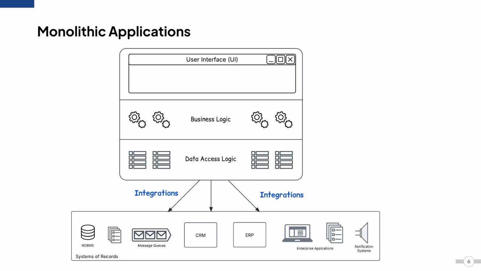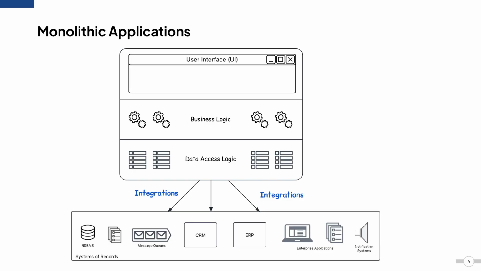But internal implementation may really have some segregation in terms of how they have organized the code. But nevertheless, monolithic application means all of these are bundled together when it comes to the runtime. It's just one file that gets deployed into an environment, and that's what you will be running.